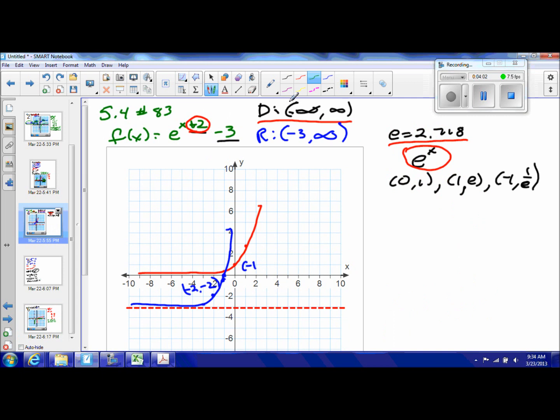It's the inverse, just as we suspected. If I put those two on the same graph paper, it's kind of hard to do, so I'm not going to do that. But you would see that they reflect one another over the line y equals x.